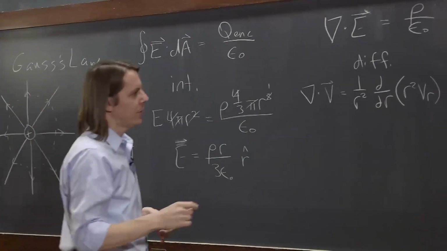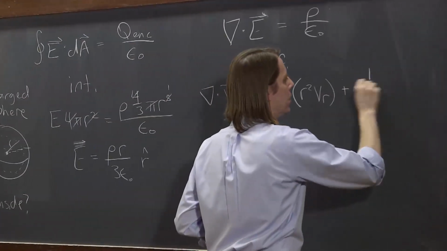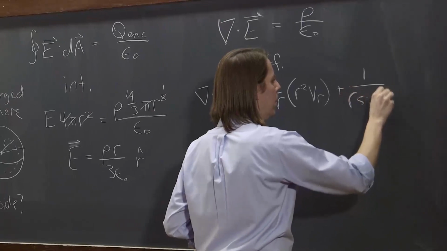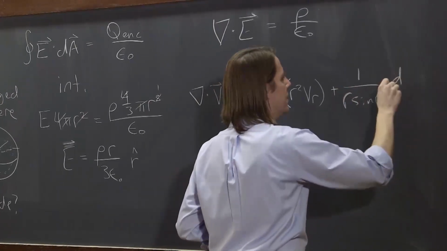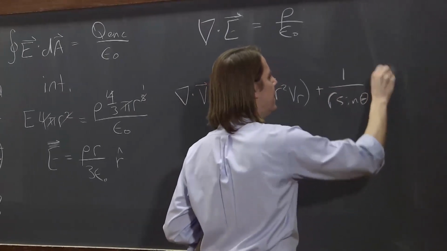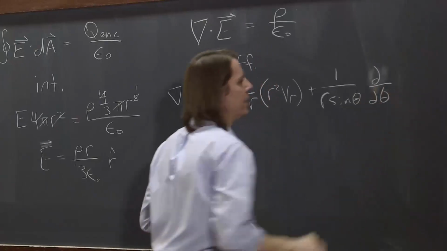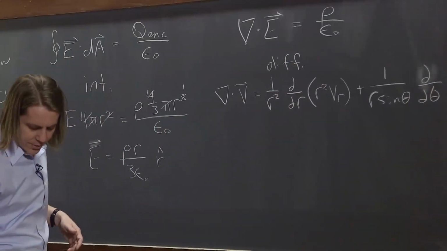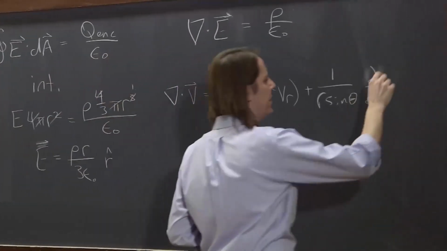And then it's 1 over r sine theta partial d d theta of sine theta V theta.